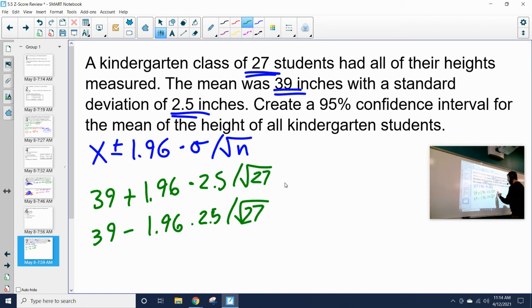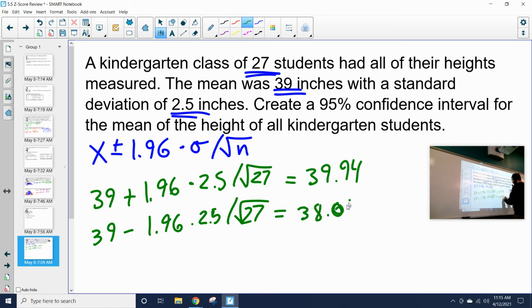So 39 plus 1.96 times 2.5 divided by the square root of 27 gives me 39.94. And 39 minus 1.96 times 2.5 divided by the square root of 27 is 38.06.